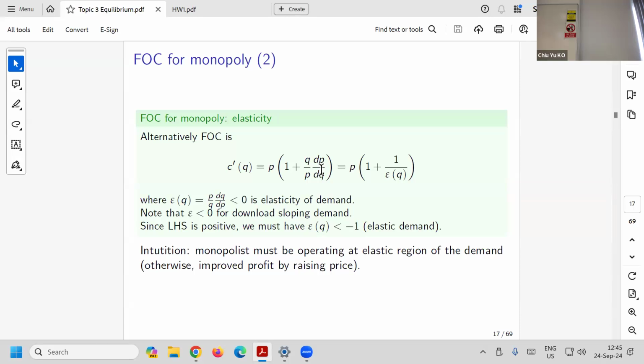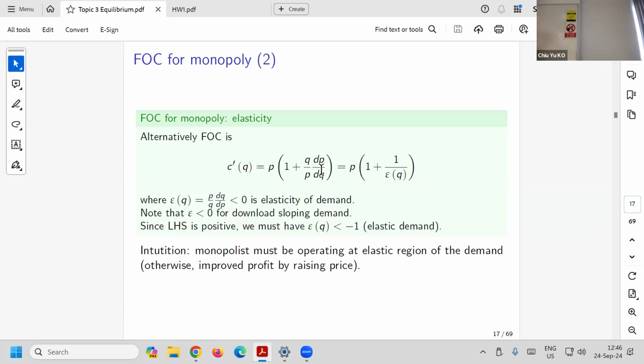So this absolute value must be larger than 1. It means that monopolies must be working in the elastic region. But that is easy to understand because they increase the price until they can't increase it anymore. So that would be the first thing.